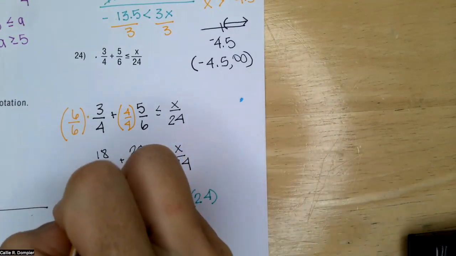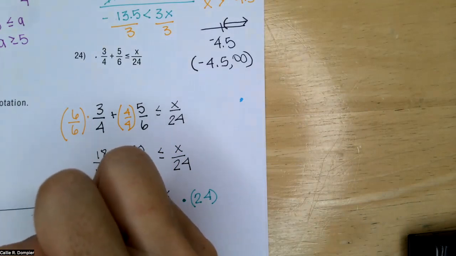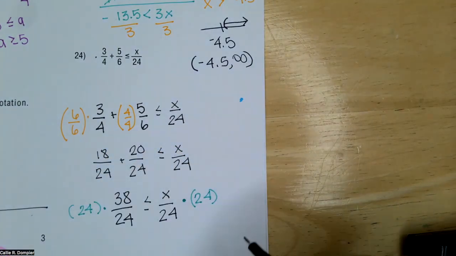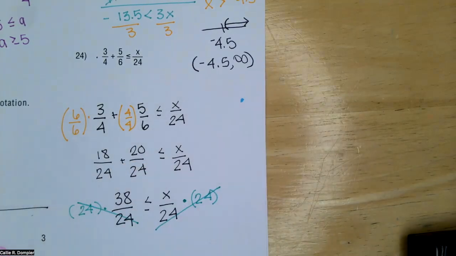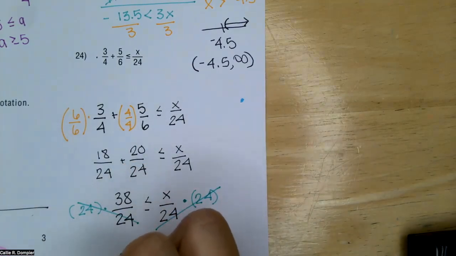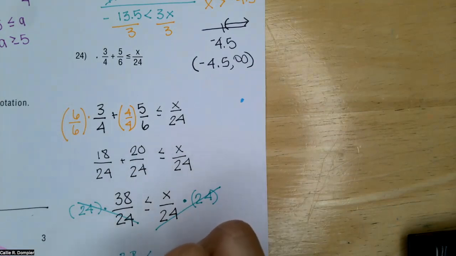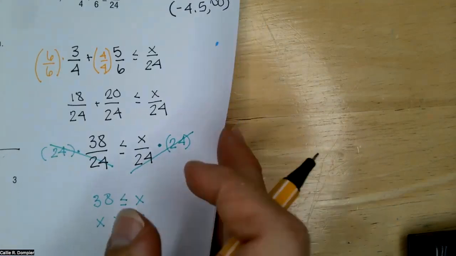Anything you do to this side, you have to do to this side. When I multiply them both by 24, they go away. And we get 38 is less than or equal to x, which means x is greater than or equal to 38.